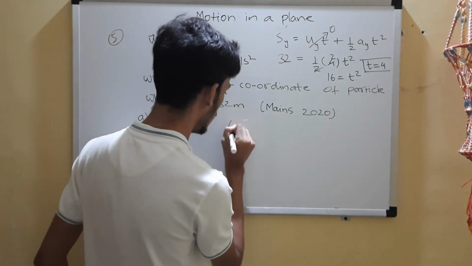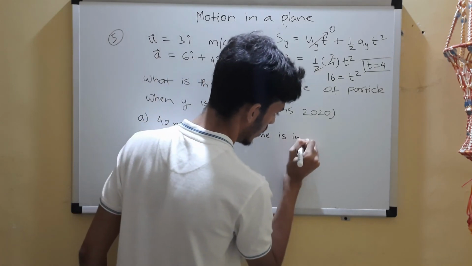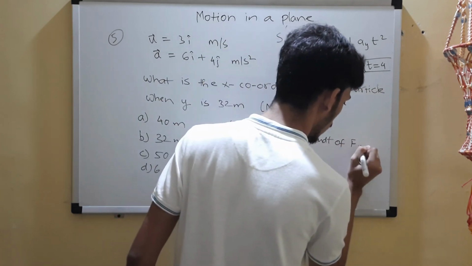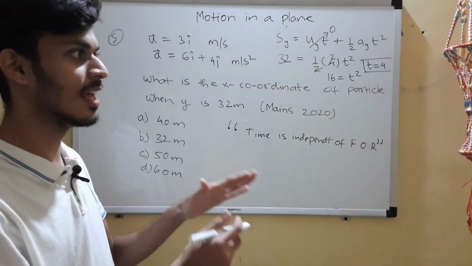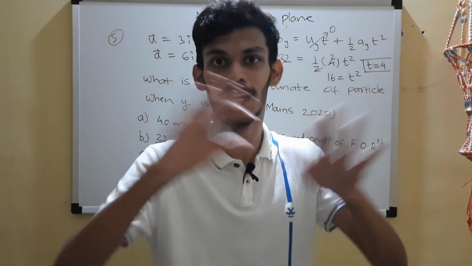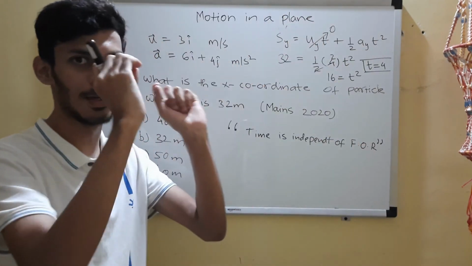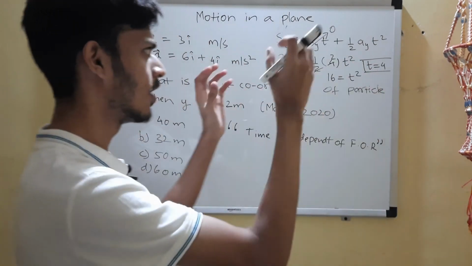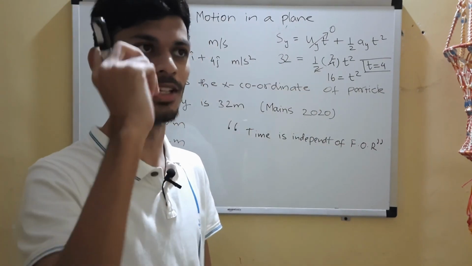One thing I told you in 1D was that time is independent of frame of reference. What I mean is that the time along the x-axis and the time along the y-axis won't be different. They don't have separate clocks. Whatever time has elapsed in y, that same amount of time has elapsed in x. There is no tx and ty as such.